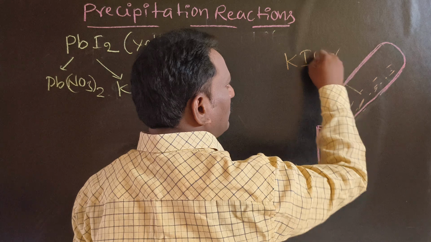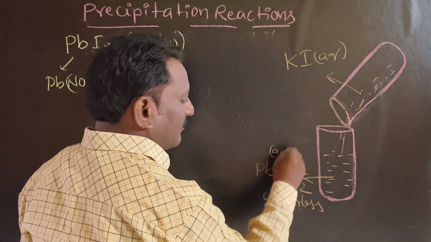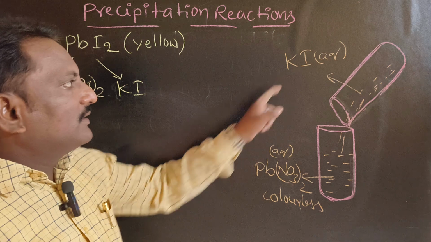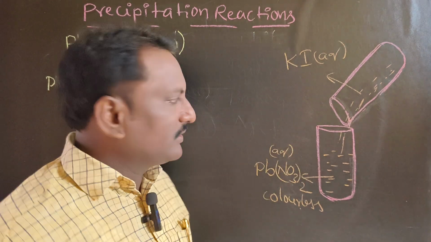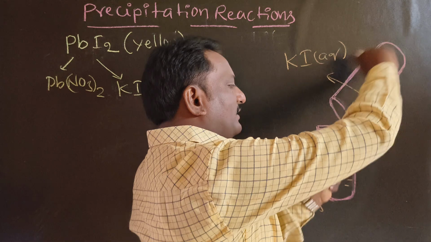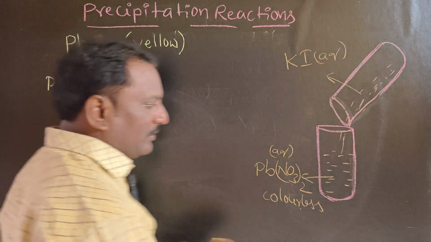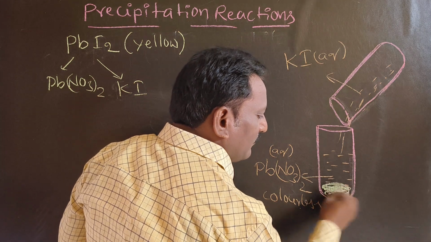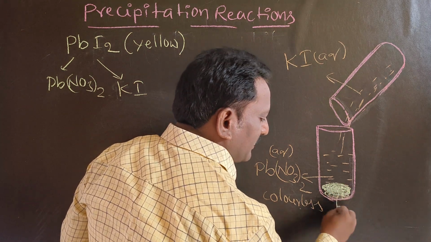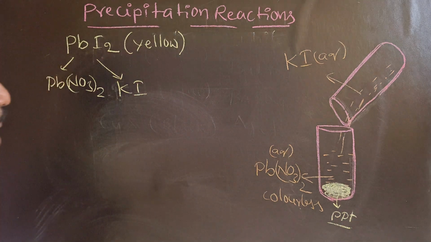This one is also colorless. Both are colorless solutions. When these two solutions are mixed together, you will get a yellow precipitate of lead iodide.